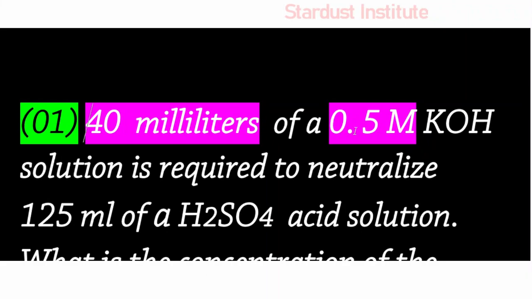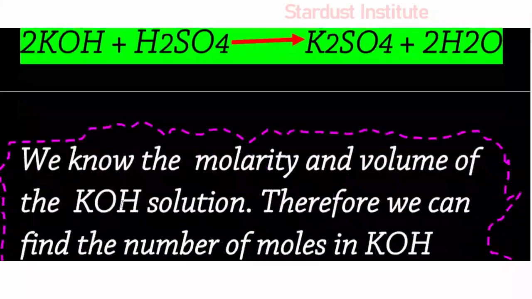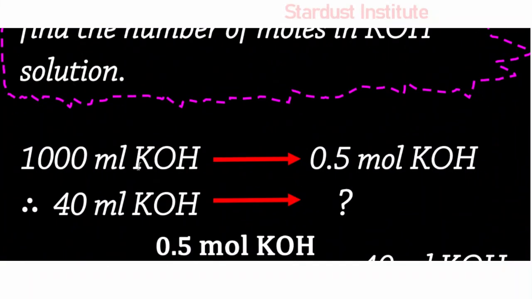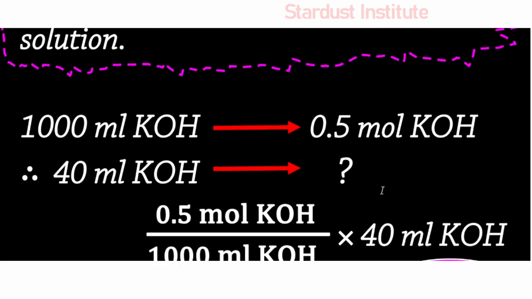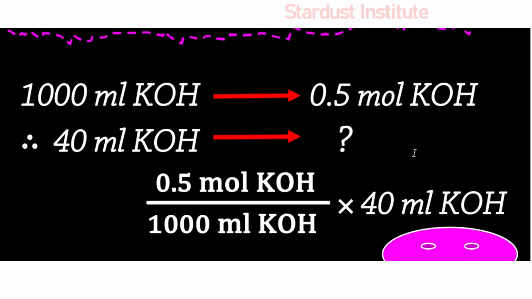Molarity 0.5 means in 1000 milliliters of this KOH solution, there are 0.5 moles of KOH. Therefore, in 40 milliliters of this KOH solution, how many moles of KOH are there? We can find the answer in this way.